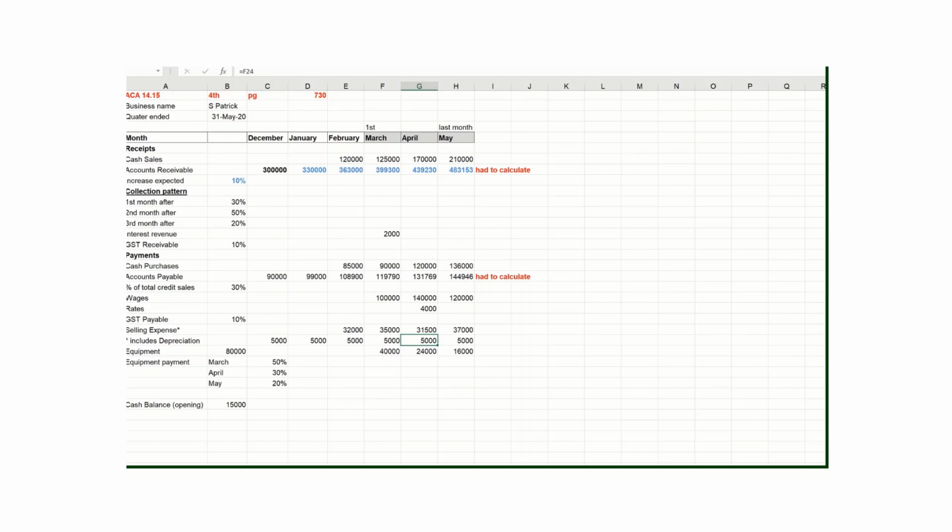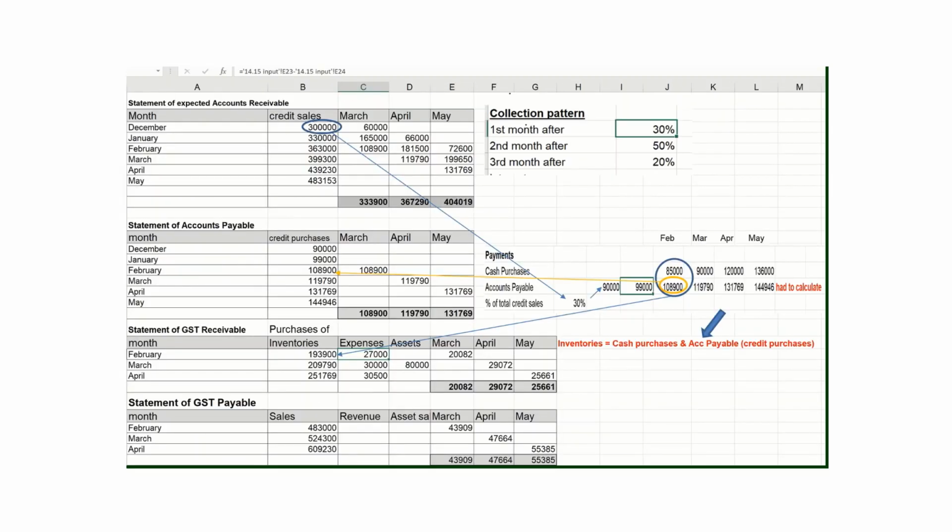So if I get back to my statements, and I'll just remember this one, 32 minus the 5,000. If we look then at our expenses for February, that's where we get the 27,000 from. How did we get this 30,000? It was the 35,000 minus the 5,000. Okay, so in these examples, we subtracted our depreciation of 5,000.